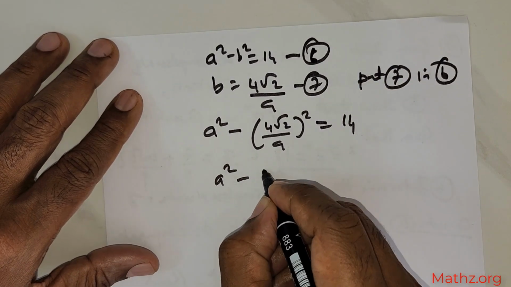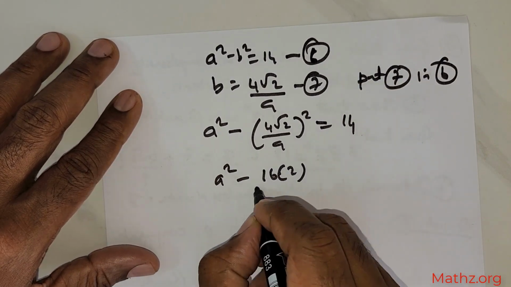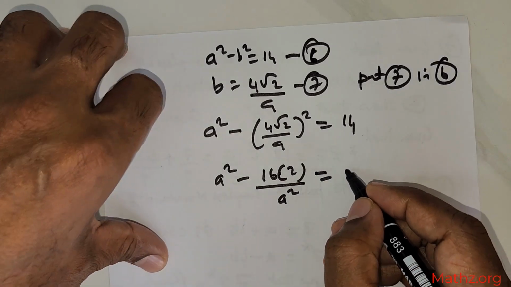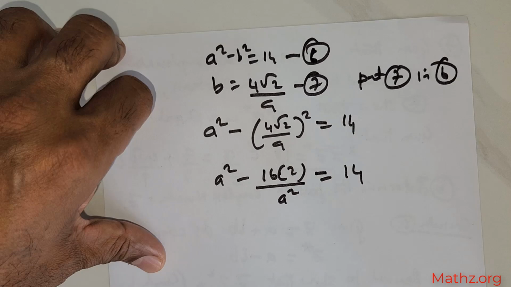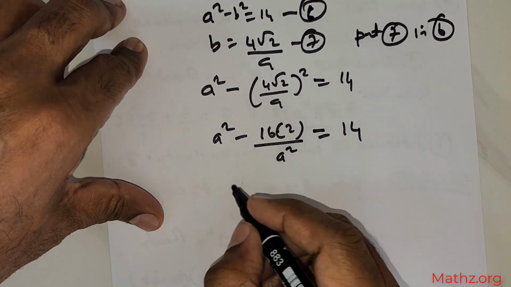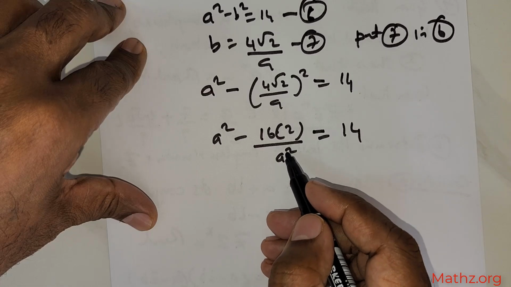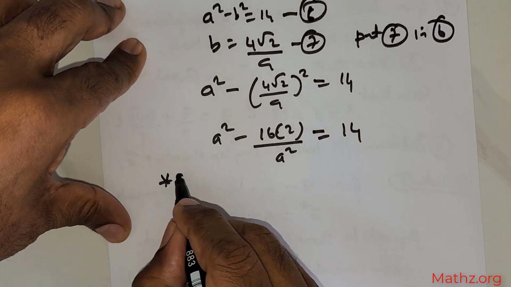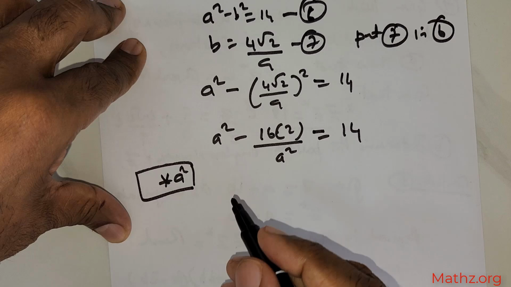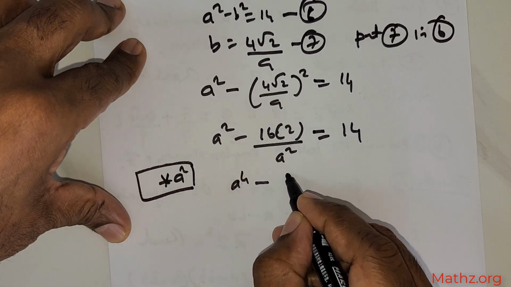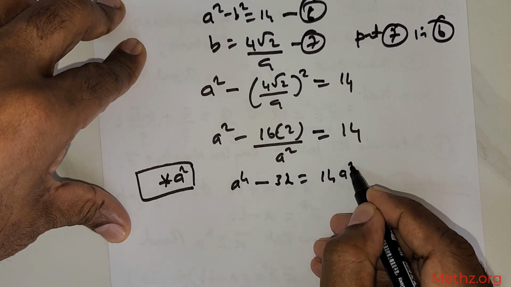So this is a squared negative 16 times root 2 divided by a squared is equal to 14. So this is what I have got. Now we need to actually extract the values. So if I were to multiply by a squared throughout, then I would get a to the power 4 negative 32 is equal to 14 times a squared.